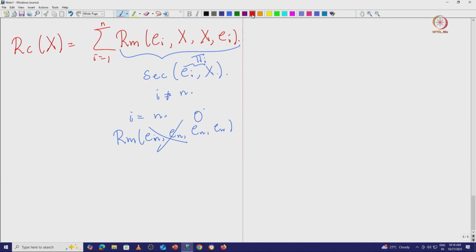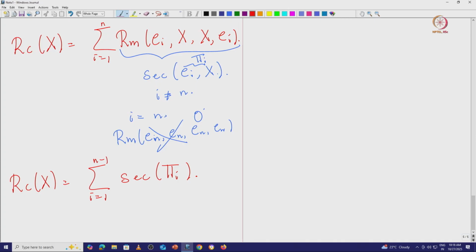So the upshot is that Ricci of x is the summation i going from 1 to n minus 1 of the sectional curvatures of this plane pi_i, which is exactly what I claimed. Okay, so this proves part 3 of the proposition.